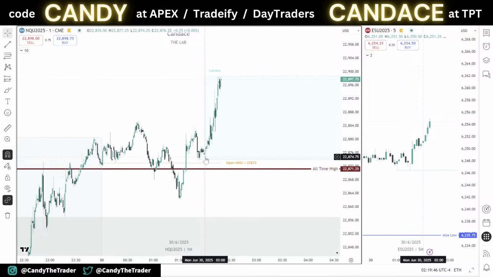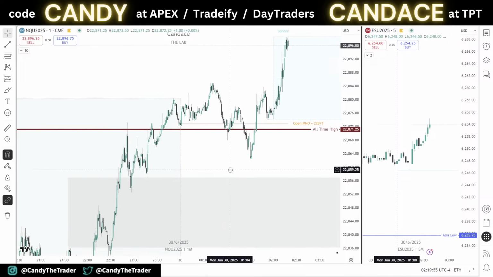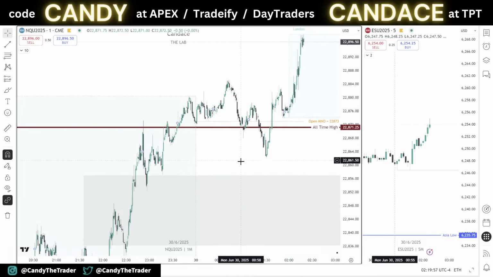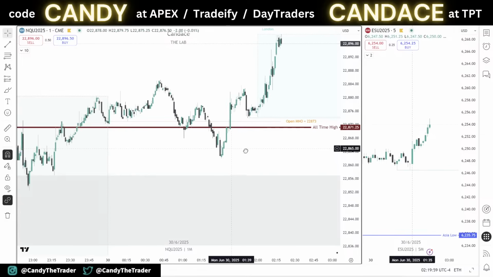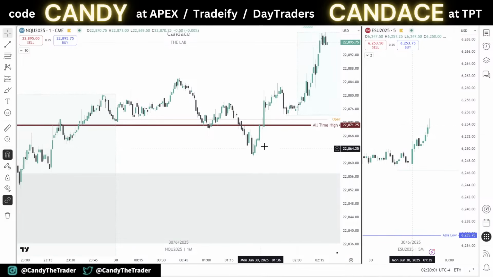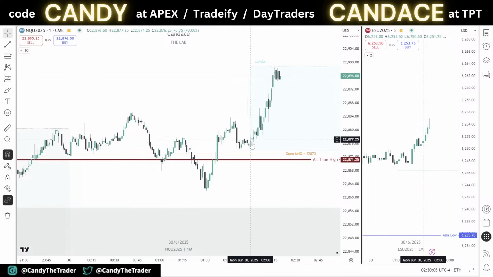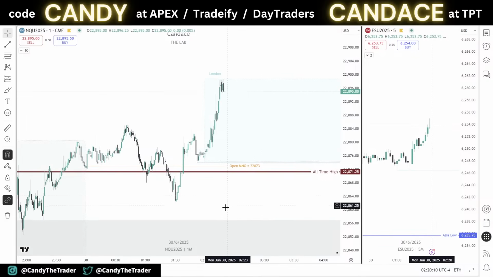We start here, and obviously I'm not gonna long here because it's just not a good entry point for me. If I really have to long, I'm gonna long here. This is gonna be a good entry point for long, but here is a bit too late for me. But of course, it's just my model.